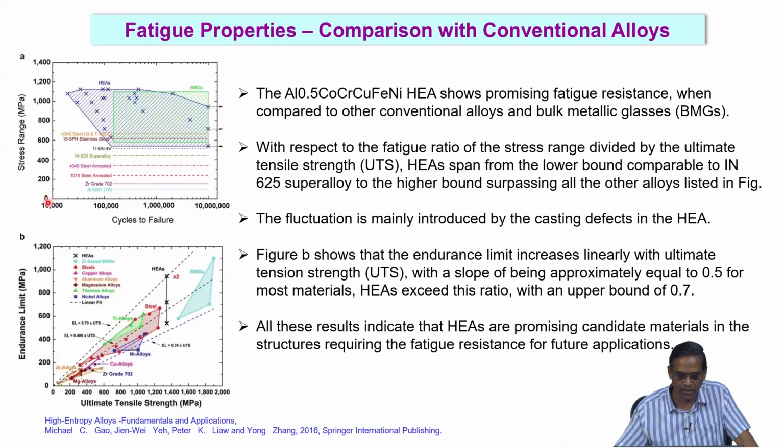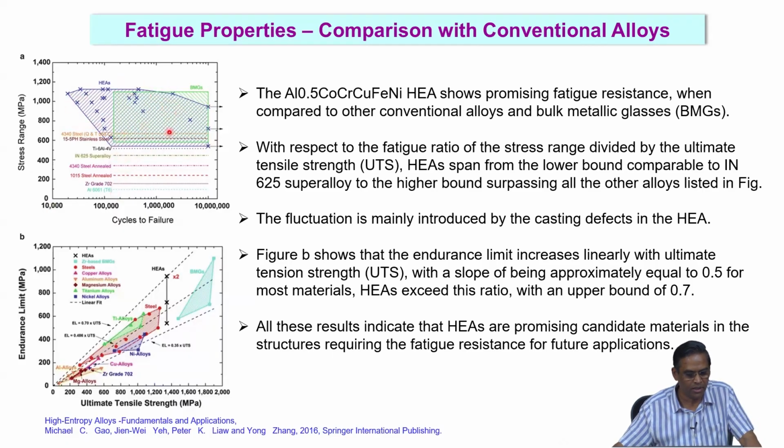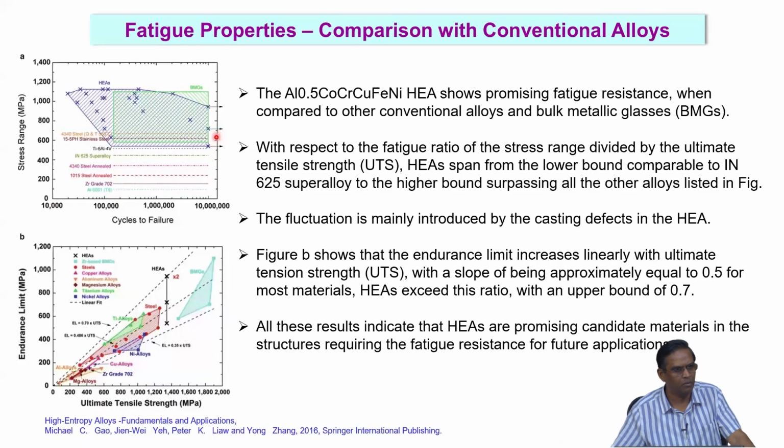What we are seeing in this plot is the HEA domain, the hatched region, where all the data points are here, and the bulk metallic glass is marked in the green domain here, and all the traditional materials are here. So, you can see that high-entropy alloys, since they have very high strength, also have a very high fatigue endurance limit, because endurance limit is directly proportional to the UTS of the sample.